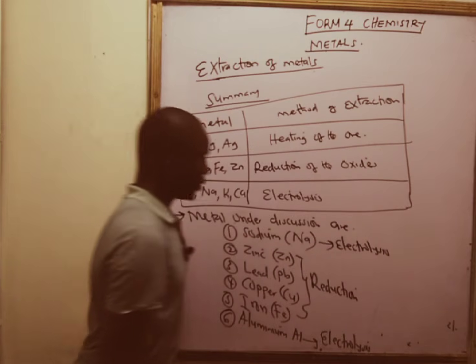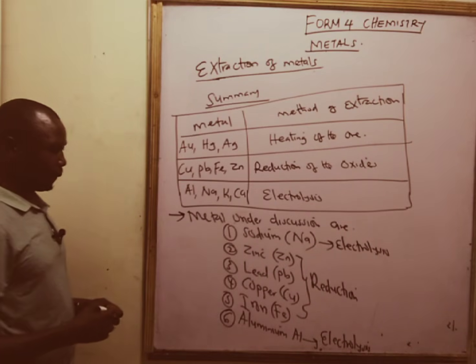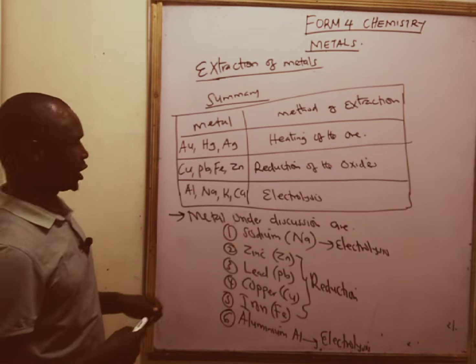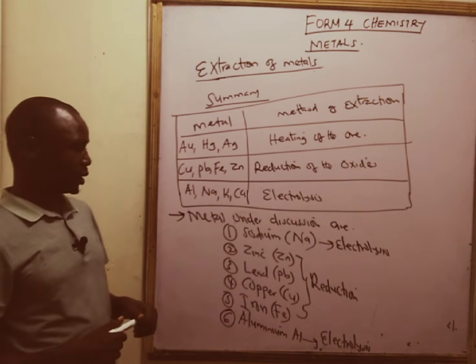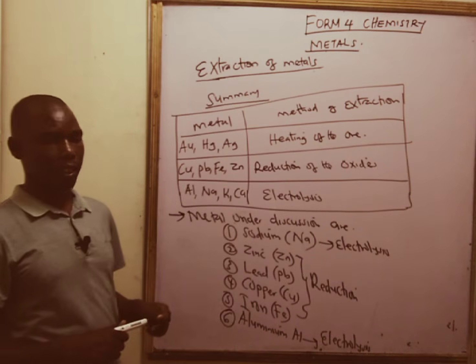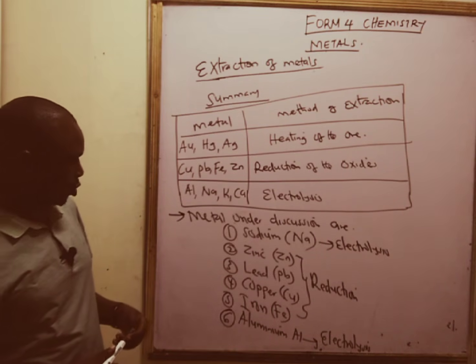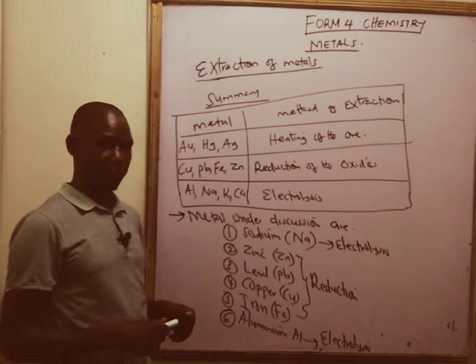For today we are going to stop there, but we are going to look at each and every metal in the best way we can, so that we can assist learners on how to go about this particular topic.